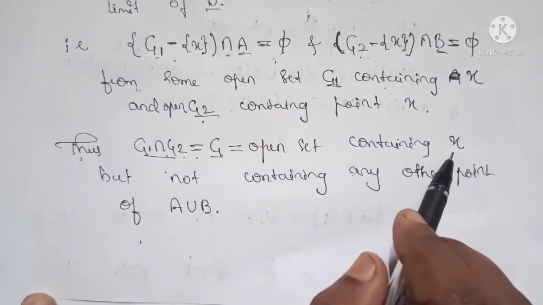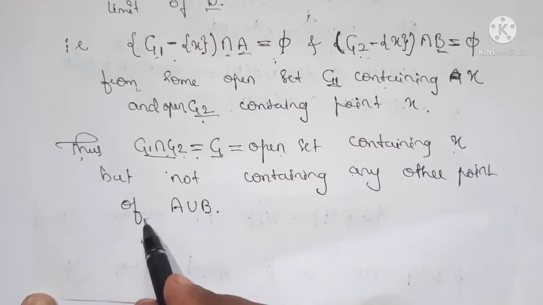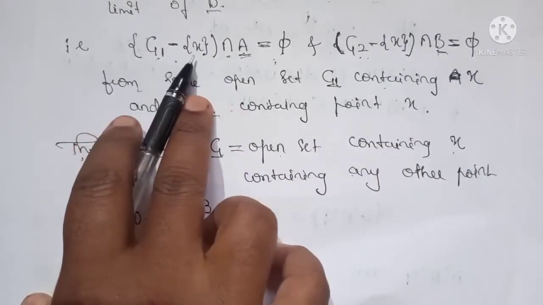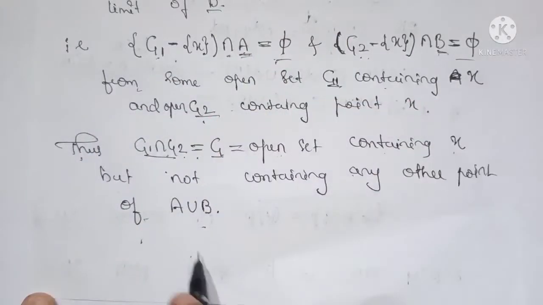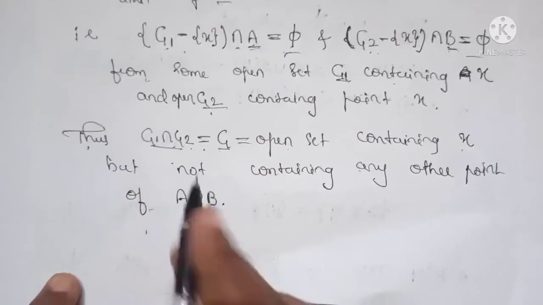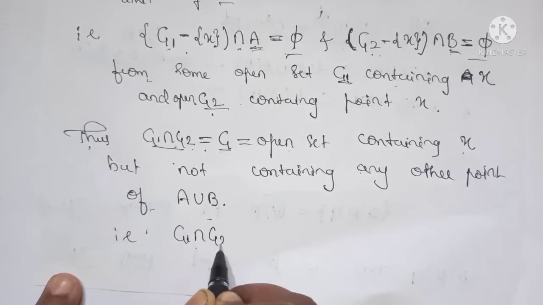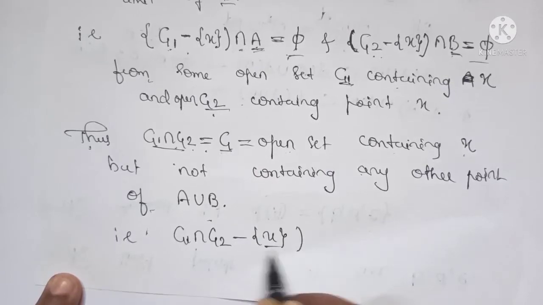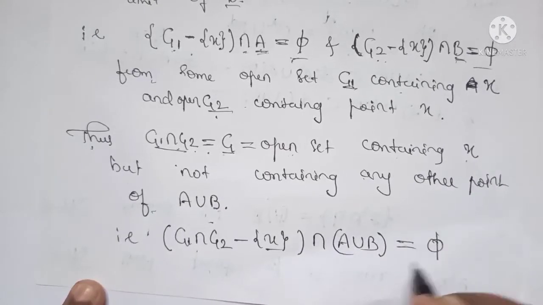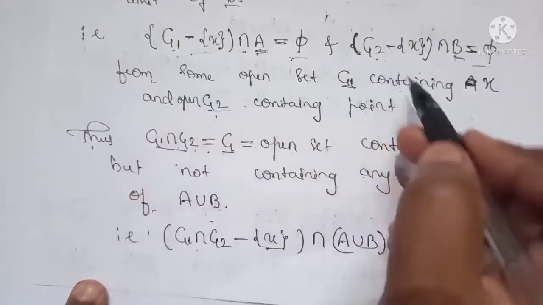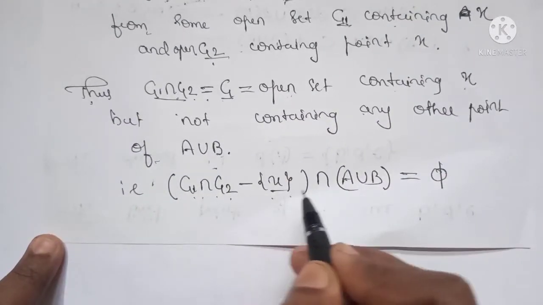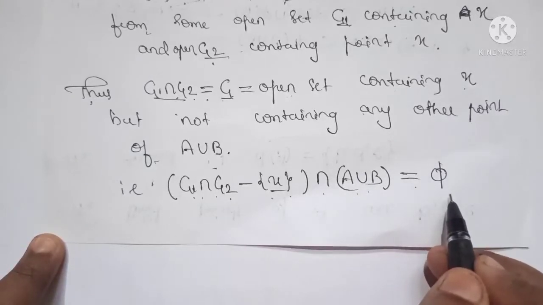It is an open set containing the point x but not containing any other point of A union B, because here we have the null set. So if I consider G1 intersection G2 minus x, if I remove this x, then their intersection with A union B gives the null set, because there is no common point in this G1 minus x with A and this G2 minus x with B. Okay, so therefore we can say that G1 intersection G2 minus x intersection with A union B gives the null set.